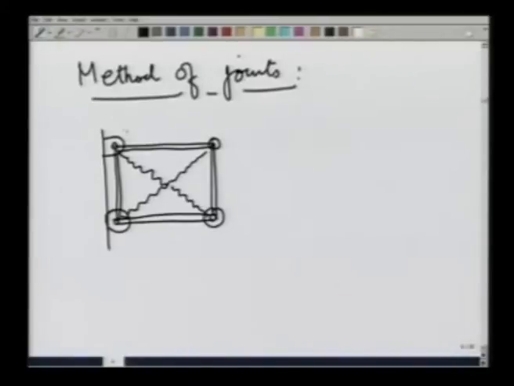Let me call this system A, B, C and D. This length is 4D, this length is 3D.